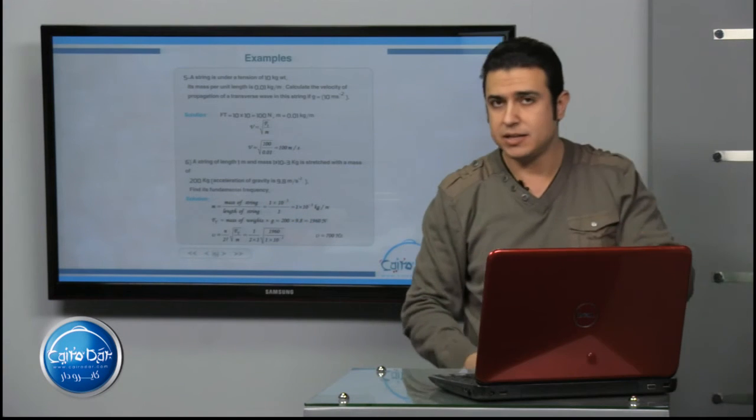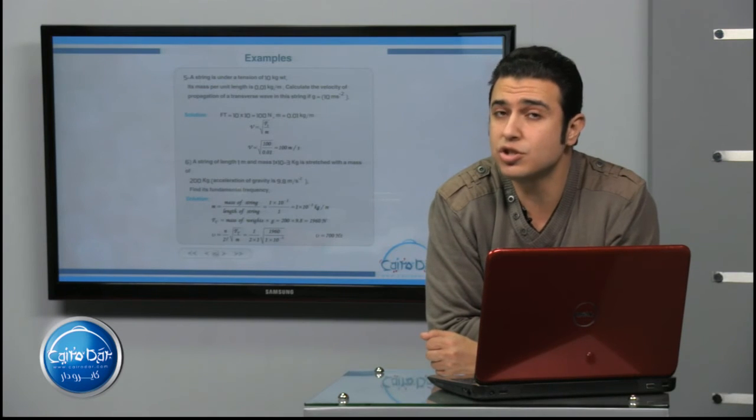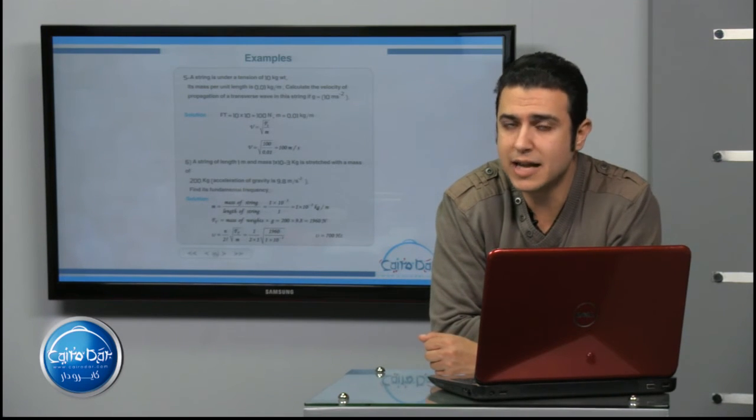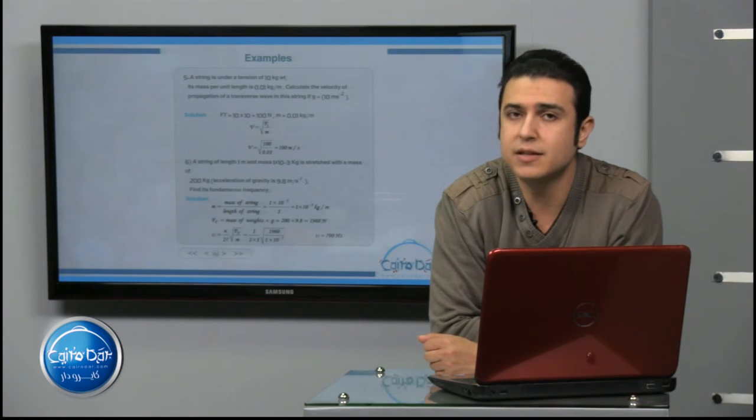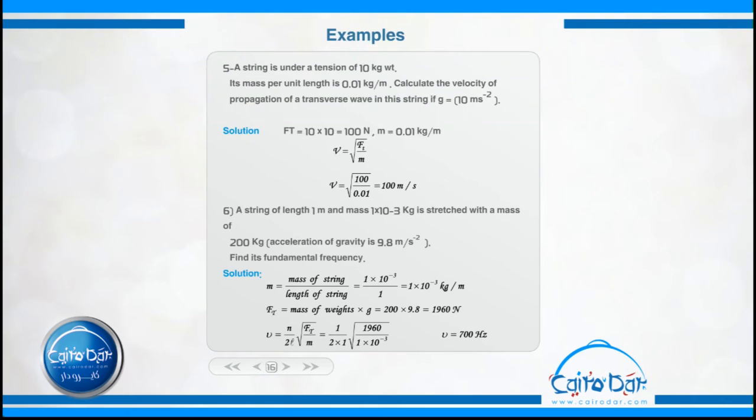Here, to calculate the mass per unit length, the linear density, mass per unit length equals mass of the string divided by length of the string. So m equals 1 times 10 power negative 3 divided by 1 equals 1 times 10 power negative 3 kilogram per meter.